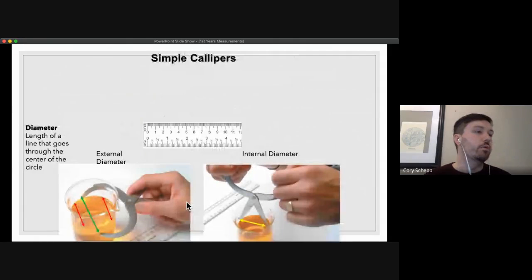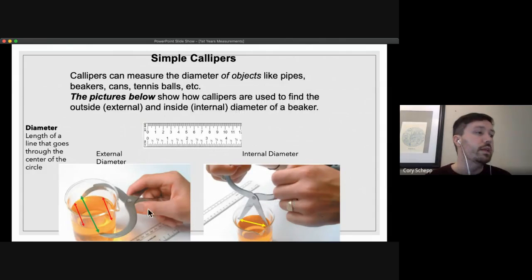Okay, so the different tools that we're going to use. We have something called simple calipers. You might have seen these before, but all they're used for is to measure the diameter of maybe a pipe or a beaker, anything that's kind of round. What I want you guys to do is in your copy, take down this term here on the left: diameter, the length of a line that goes through the center of a circle.